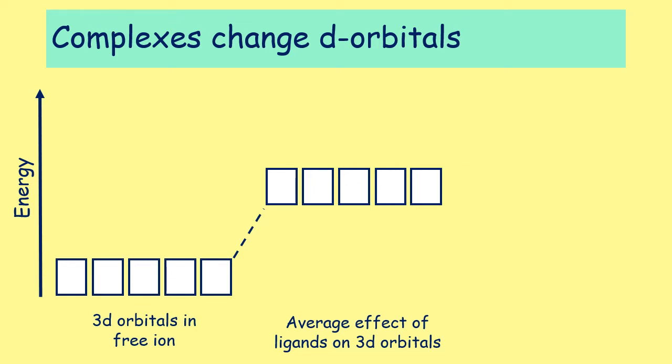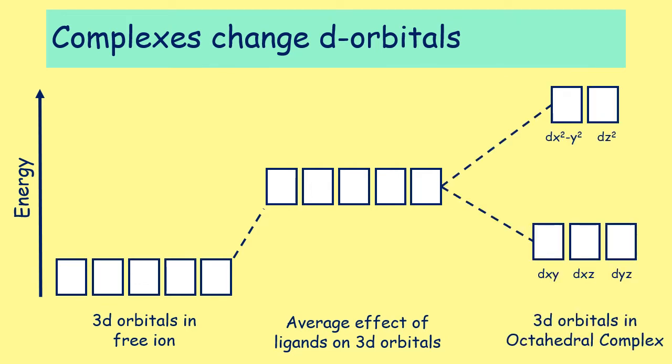This diagram as it stands in the middle is just the average effect. In fact, as soon as you form a transition metal complex, you are changing the energy levels of the different d orbitals in different ways. We have 2 orbitals that go very, very, very high in energy, and we have 3 orbitals that only go a little bit higher in energy compared to the free ion.